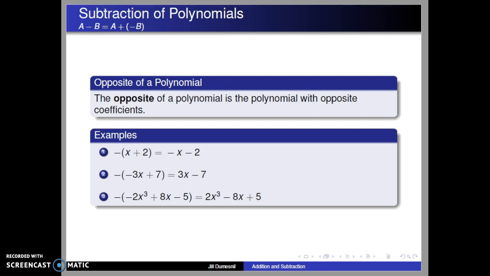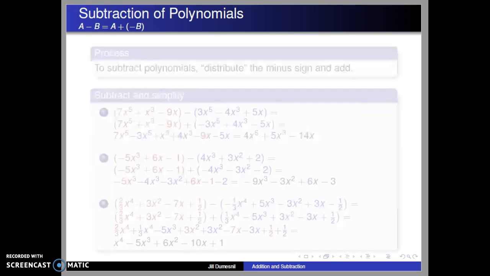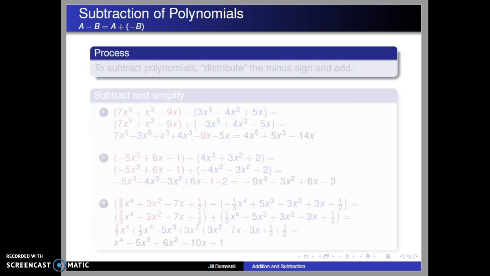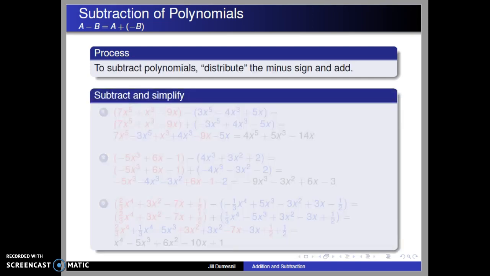One way to think of finding the opposite of a polynomial is to distribute the negative. Now we're ready to subtract polynomials. To subtract polynomials, we distribute the minus sign and add. Instructions on these problems will be something like subtract and simplify.